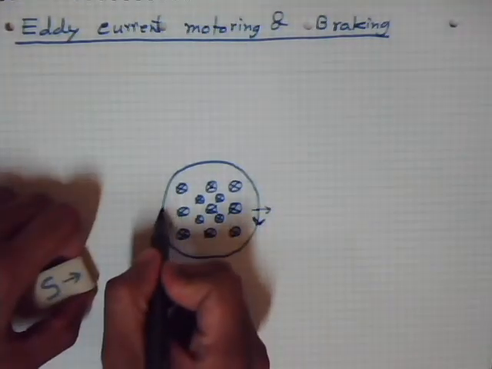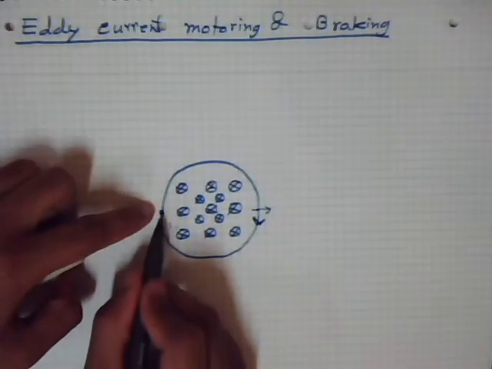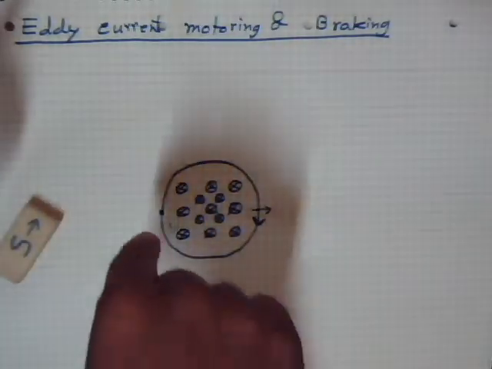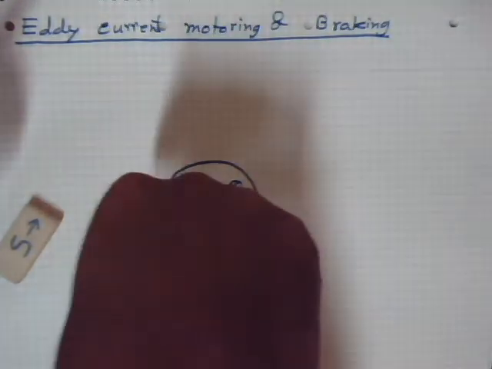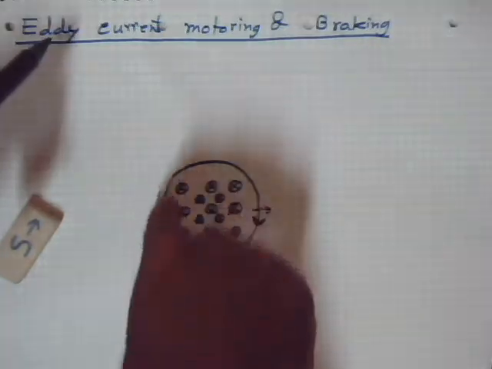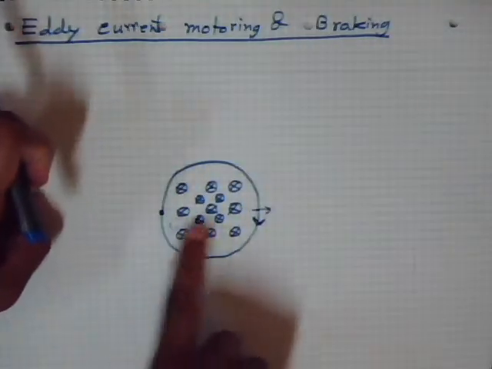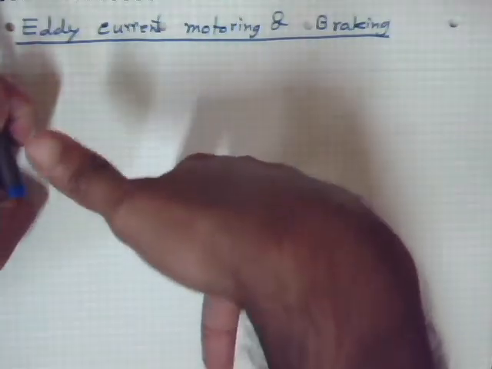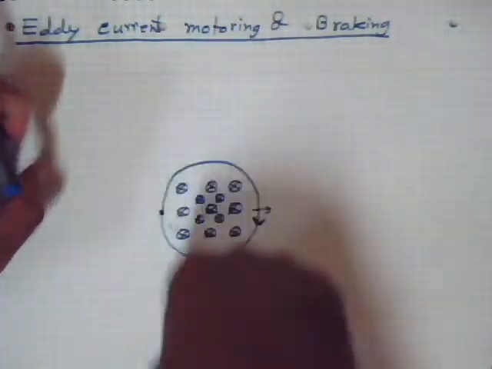At this other point, again the flux is downwards and the motion of the conductor with respect to the magnet is towards the left, so the EMF will be generated again downwards.